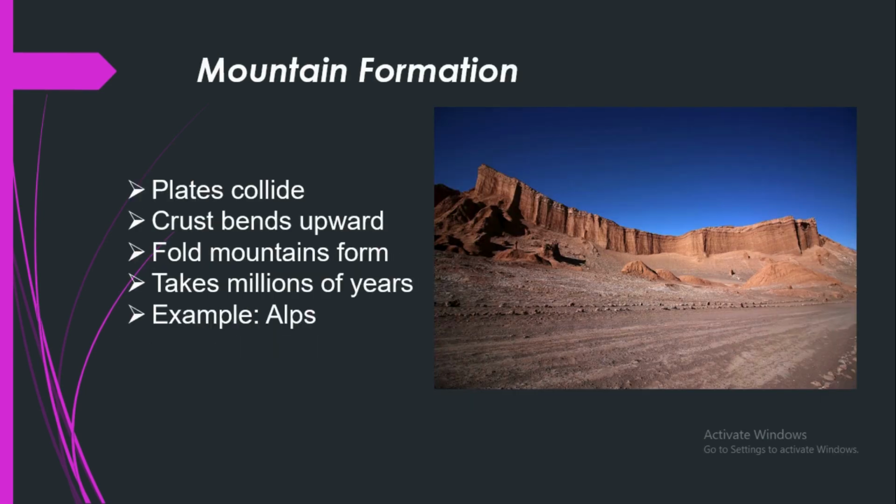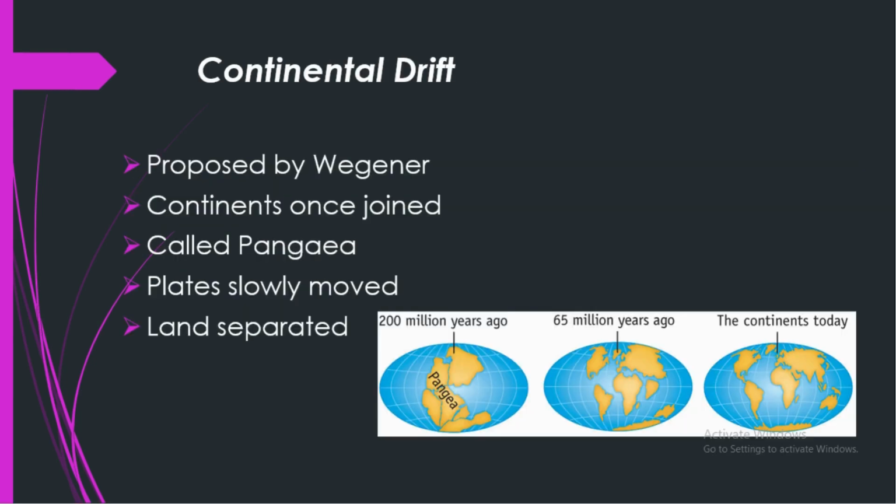Mountain formation, for example: these plates collide and the crust bends upward, folding, so mountains are formed. It takes millions of years for mountain formation. For example, the Alps are an example of mountain formation. Continental drift. What is continental drift?